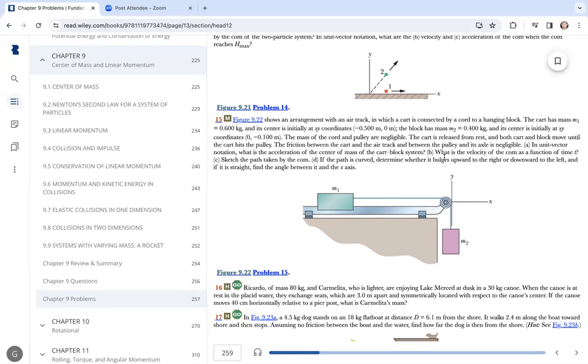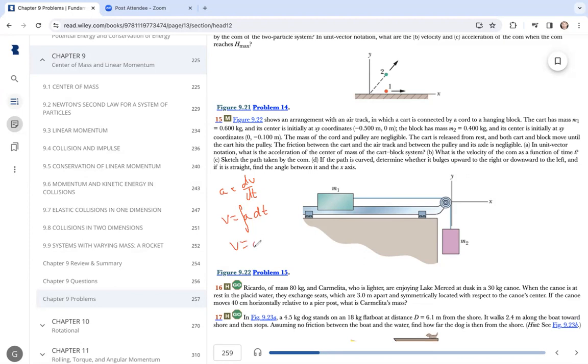Then you want to find the velocity as a function of time. Well, acceleration is dv/dt, so v equals the integral of a dt. But if you remember, the acceleration of this system is constant.